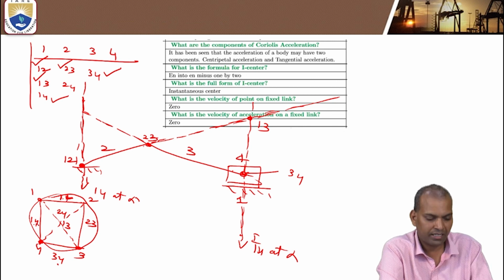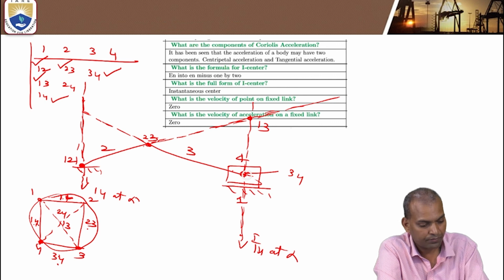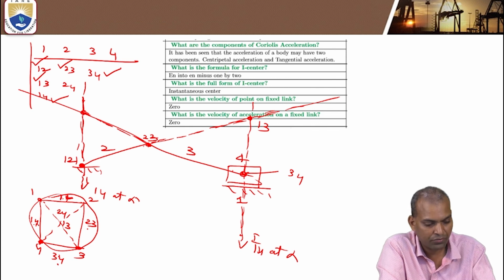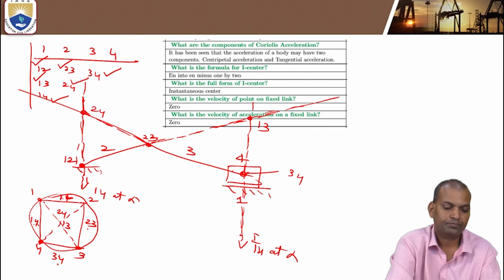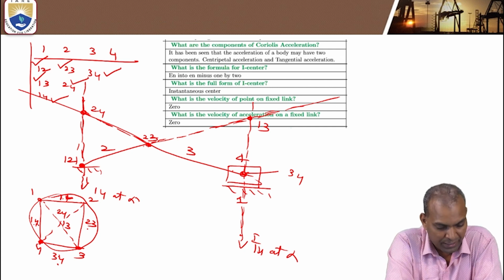Next, this side triangle. We want 2-4. 3-4 and 2-3 extension. This is 3-4 and this is 2-3. You extend. This intersection gives the 2-4 I-center. So, in that manner, we will find out the unknown I-centers.